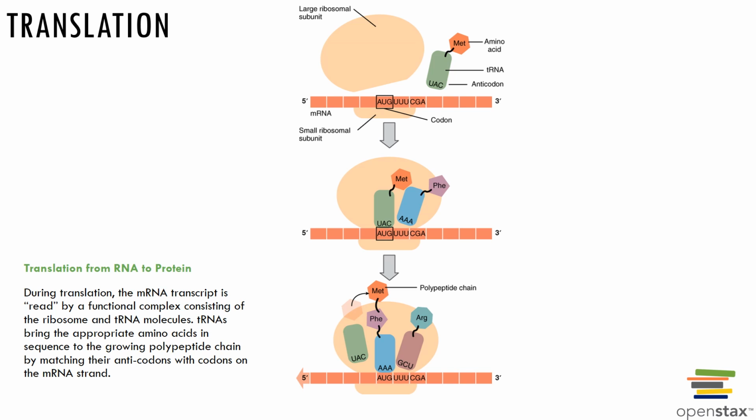The anticodon of transfer RNA binds to its complementary codon and adds the appropriate amino acid to the now growing protein. New amino acids are added by other transfer RNAs as the ribosome moves along messenger RNA until we reach a stop codon. And you can see that shown here.